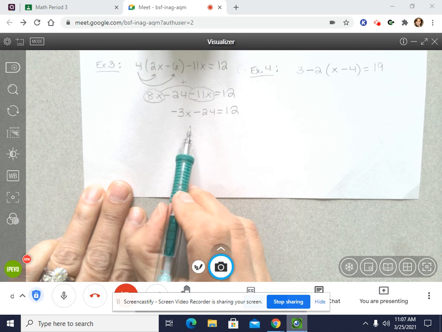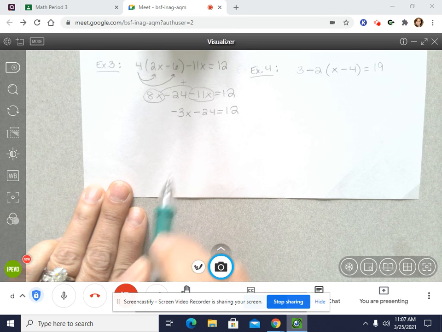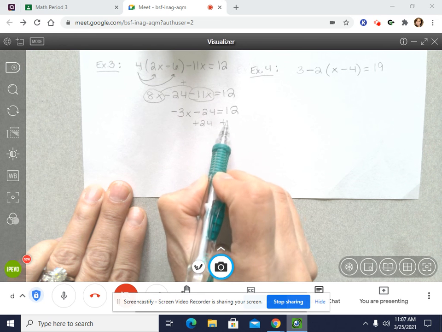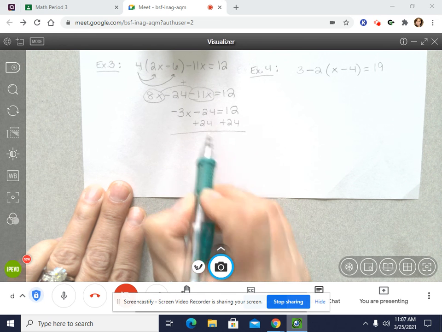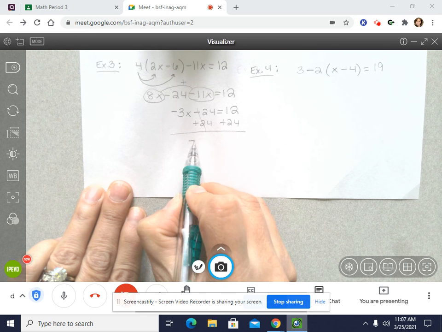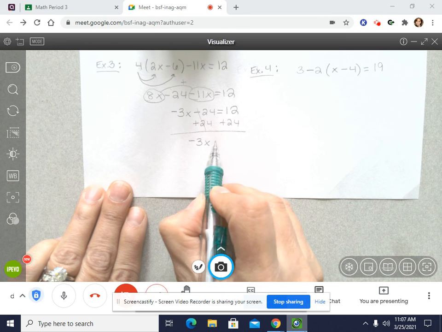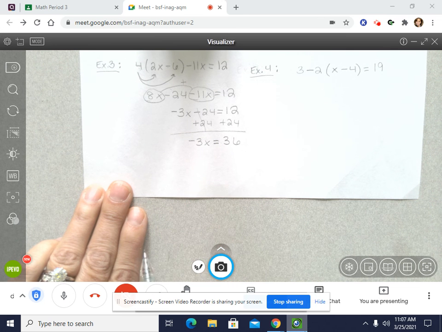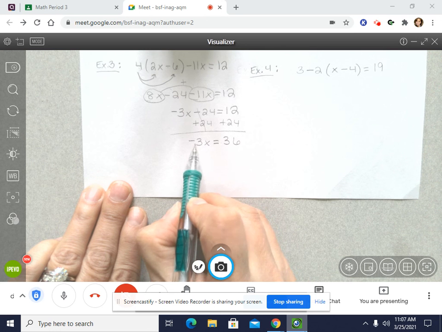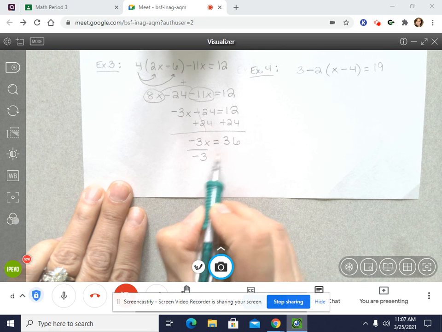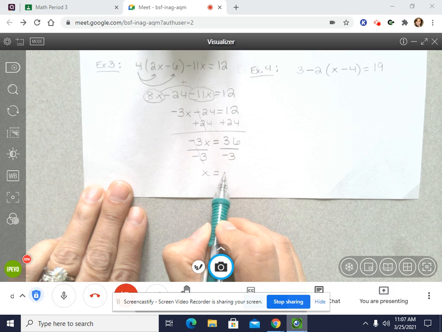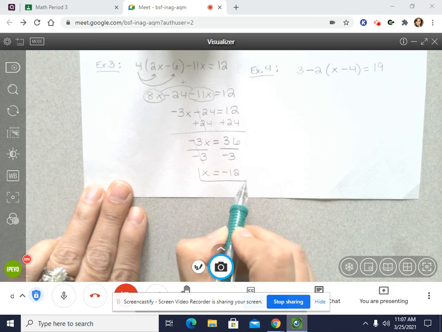All right, now we have a two-step equation. Undo subtracting 24 by adding 24 to both sides. These undo one another. Bring down what's left. Negative 3x equals 36. Now you have a one-step equation. x is being multiplied by negative 3, so undo that by dividing by negative 3. So that leaves us with x equals negative 12.